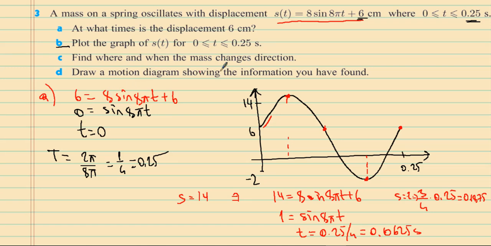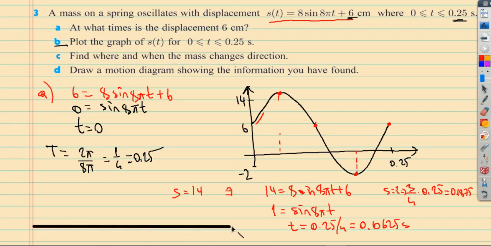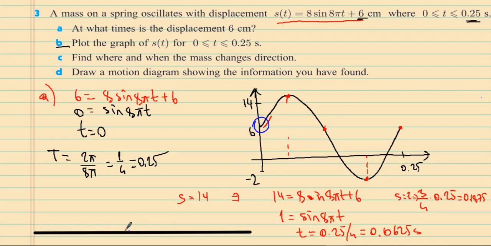Draw a motion diagram showing the information you have found. So what do we start with? For the motion diagram, we will go with a line. Okay, we have the line, and let's write the motion. You start at time 0, at 6. Then we move up in the positive direction to 14 at time 0.0625.